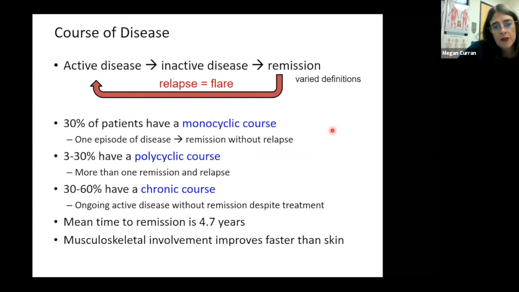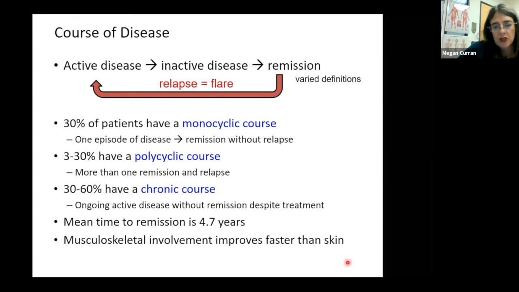So about 30% of patients have a monocyclic course, meaning they get one episode of disease and then they go into remission without relapse. Up to 30% have a polycyclic course with more than one remission and relapse. And 30 to 60% have a chronic course, meaning it's ongoing active disease without remission despite treatment.